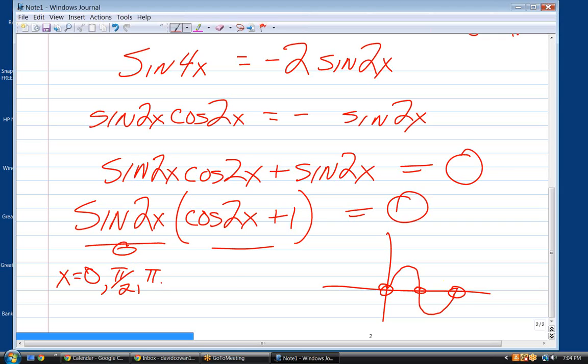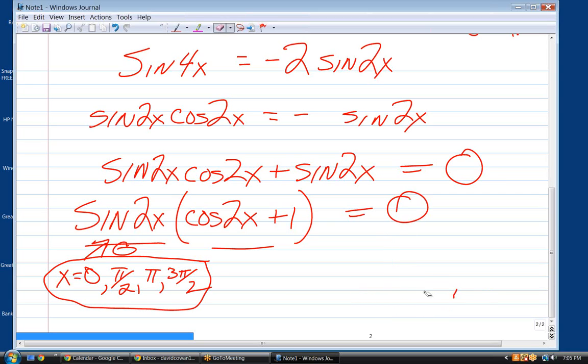And in fact, when it's 3 pi over 2. If you multiply that by 2, you get 3 pi, and that's also equal to 0. And it's inside of our unit circle. So those are the 4 solutions that produces.